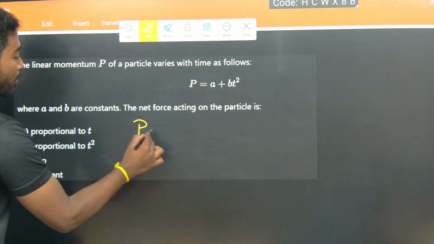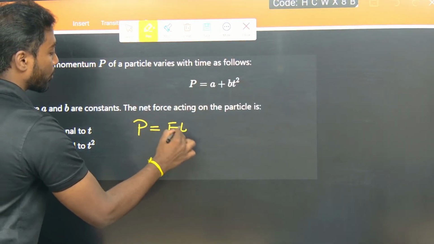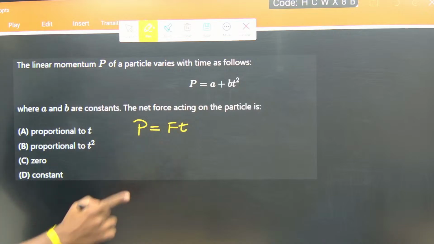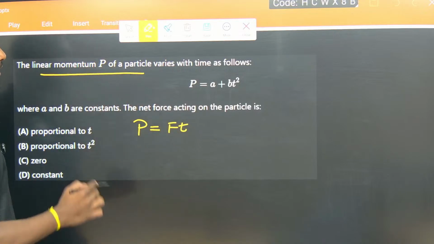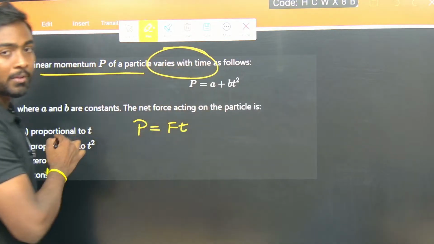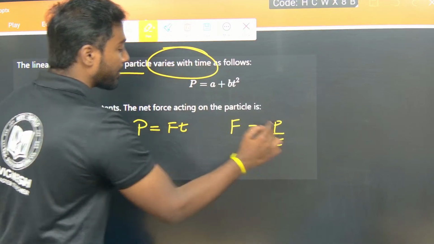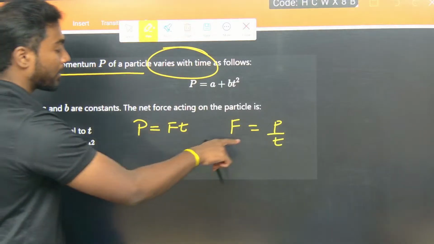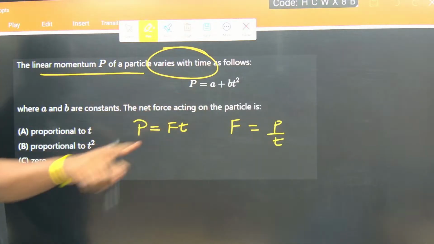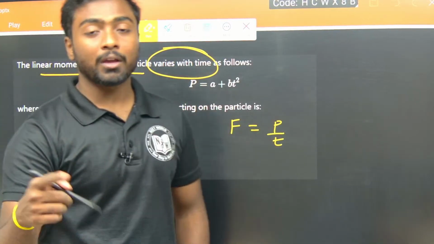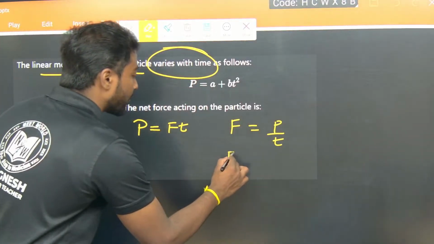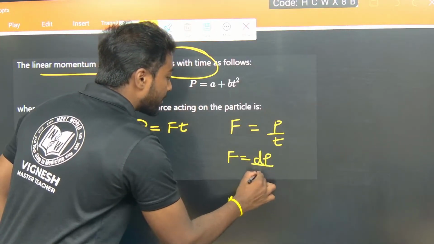We know that momentum is force into time, so F equals P by T is the formula. Since they have said momentum varies with respect to time, F equals dP by dt.